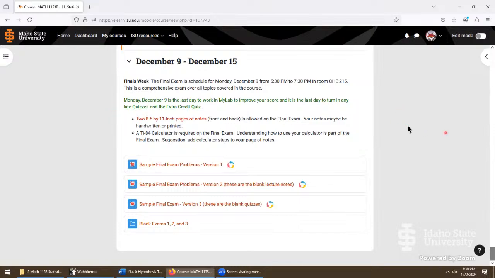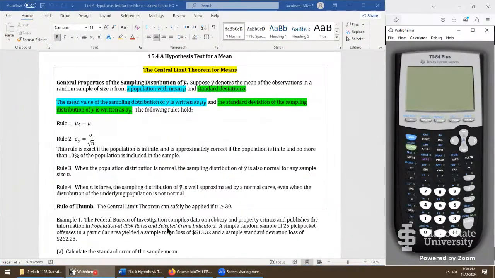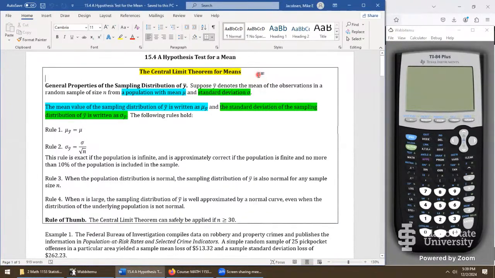We're in section 15.4. And with all good sections in statistics, it starts off with the central limit theorem. This one is the central limit theorem for means, and it was pretty much just copy pasted out from chapter 14 when we did the confidence interval procedure for a mean.